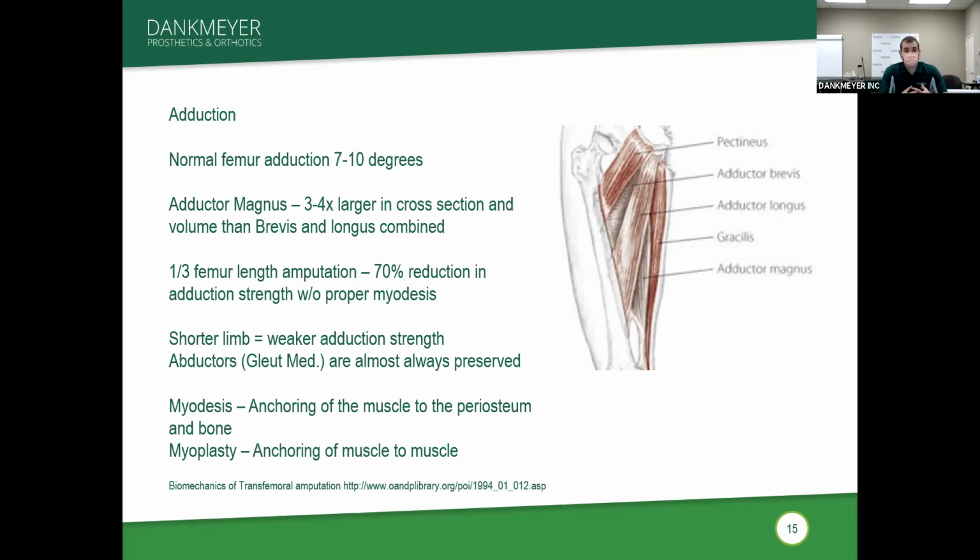So if those adductors are not properly secured, or if they come loose, that really generates a lot of problems for us and a large reduction in adduction strength. And as you continue to move up the femur in amputation, as you get a shorter and shorter residual limb, you're going to have weaker adduction strength.